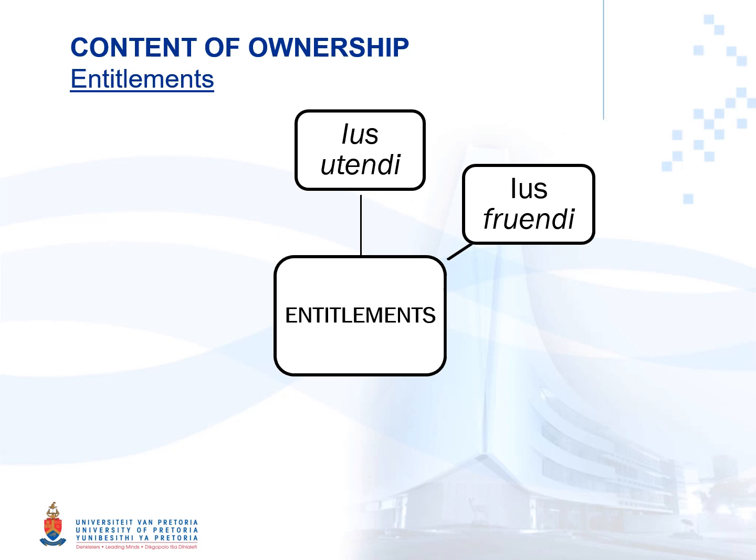However, the parties can agree that this automatic right of ius fruendi should be excluded from the ius utendi. So it is possible to include a clause in a contract that gives someone else other than the owner the ius utendi, and that the ius fruendi must be excluded from the ius utendi.